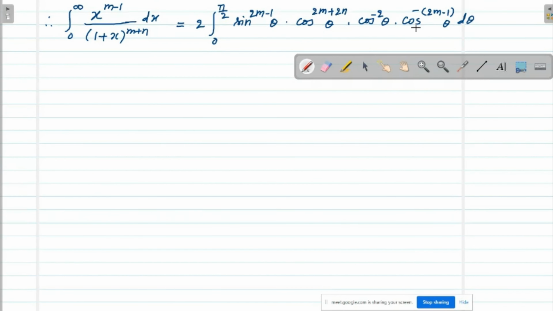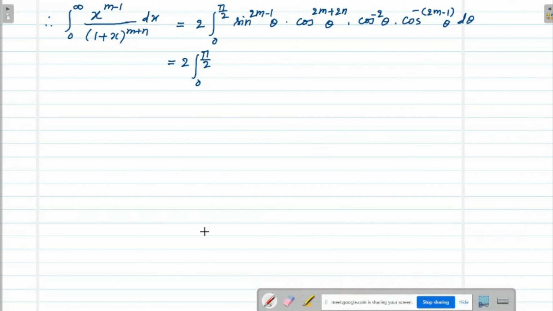So this is 2 times the integration of limit 0 to pi by 2, sine 2m minus 1 theta into cos, base are same so power will be added: 2m plus 2n, minus 2, minus 2m, and minus minus gives plus 1, and d theta.